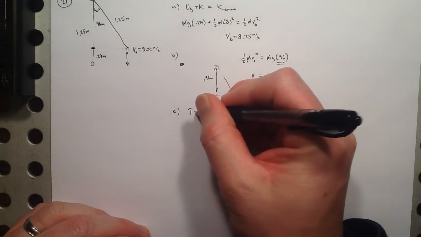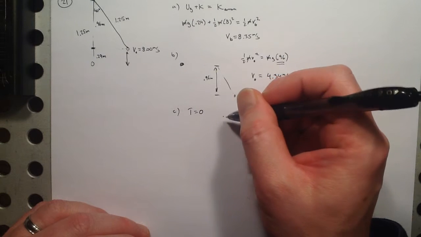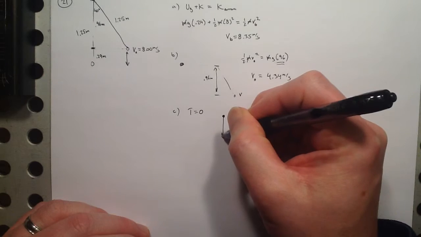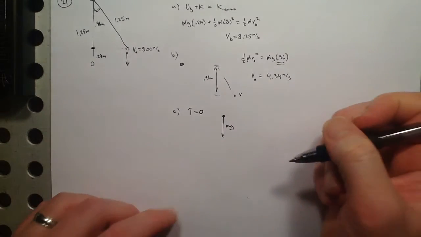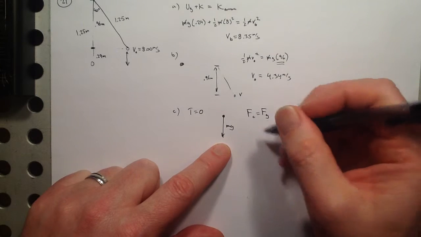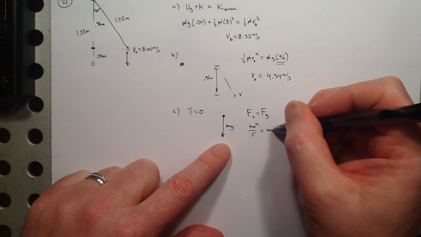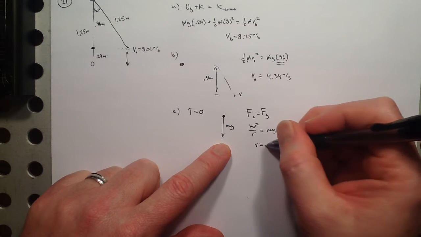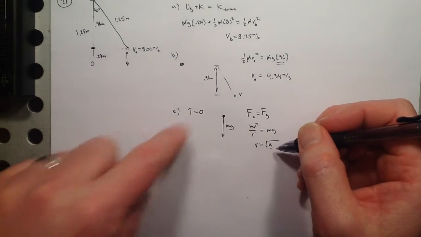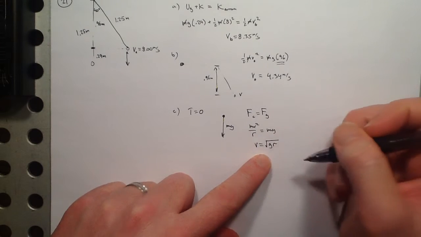So if the tension is backed off to 0, then that means the centripetal force will have to be equal to mg. So mv squared over r is equal to mg. And once again, we find that the velocity required for it to barely make it through its circle with its string remaining straight is the square root of gr.